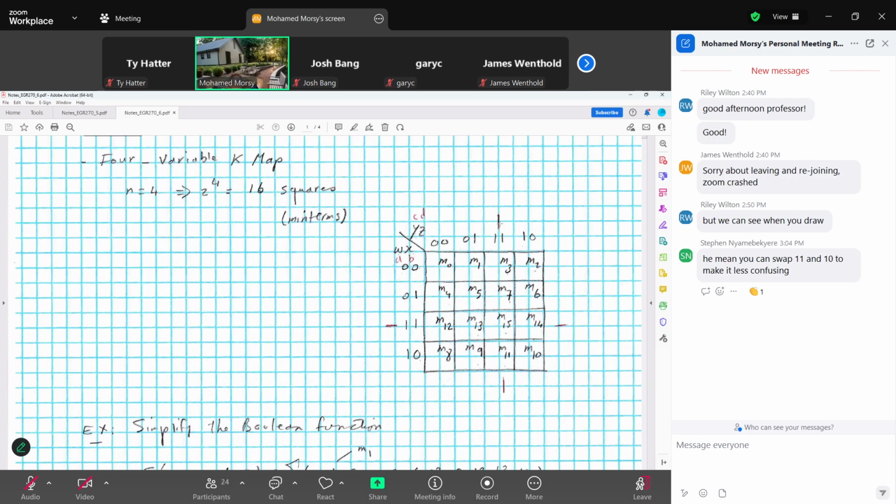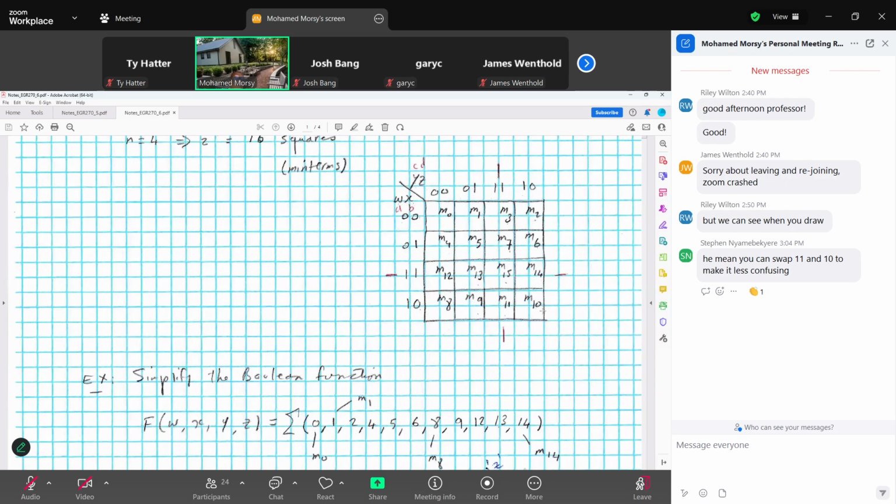So consequently, when we put the min terms, we start with M0, M1, then jump M2, go back M3, then M4, M5, jump M6, M7. Then jump here, so M8 here, M9, then jump M10, M11, M12, M13, jump M14, M15. So this is how to fill out the Karnaugh map with min terms in general.